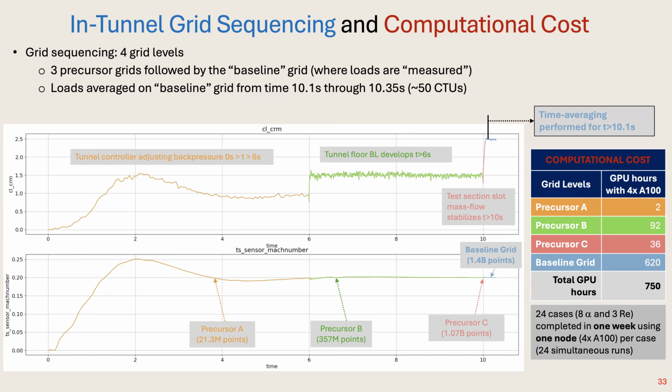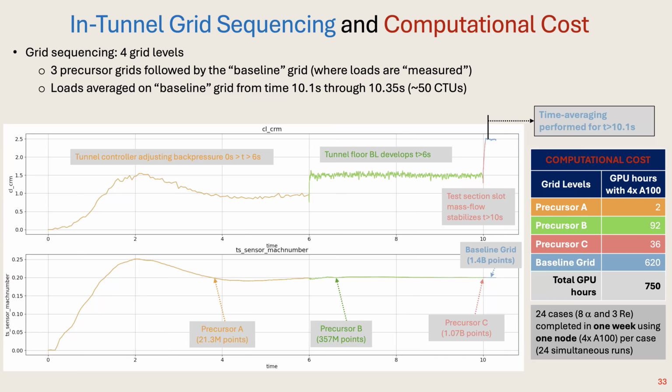So the idea is with this orange grid, the curve shown in orange, that's 21 million grid points. It's a very coarse grid, and you run that for a long time. 6 seconds, where each CTU is 0.05 seconds, so it's a lot of CTUs.